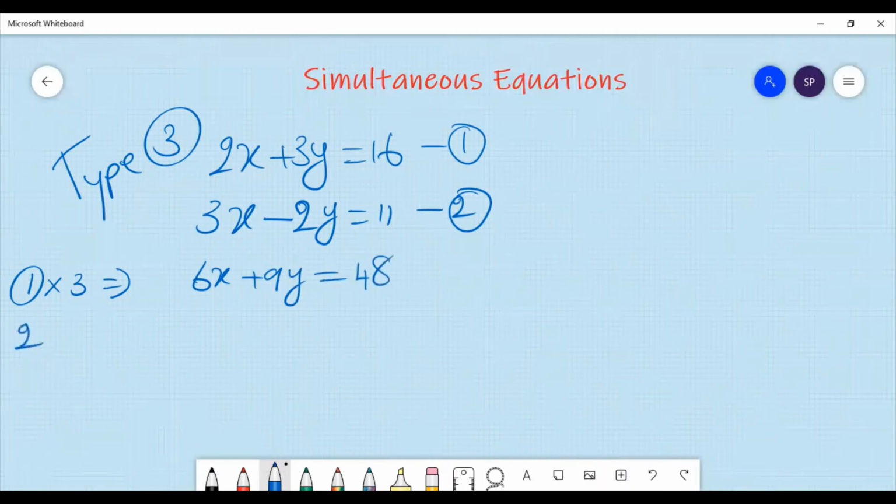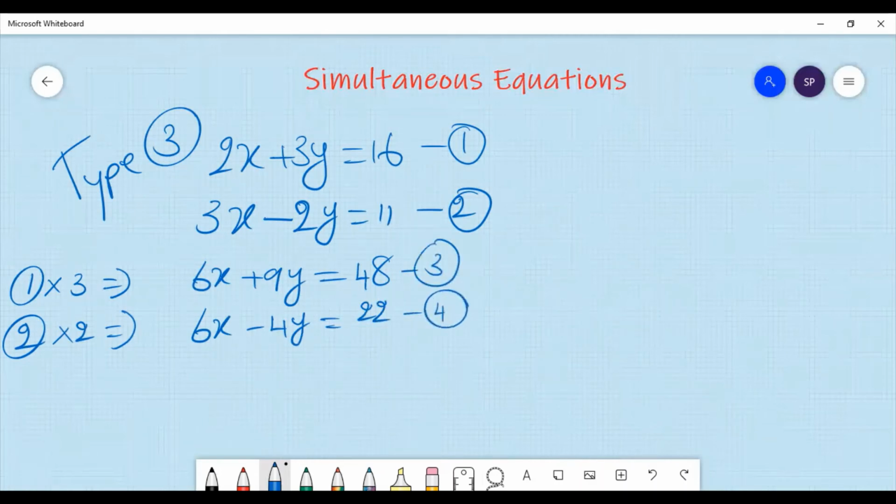And then the second equation, I'm going to multiply by 2. So I will get 6x minus 4y equals 22. So I can label this as equation 3 and equation 4.